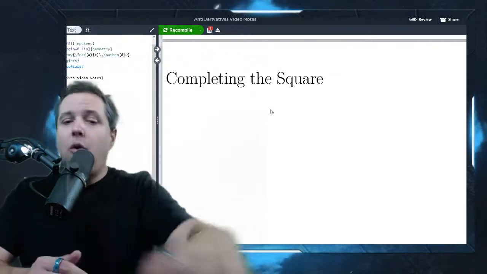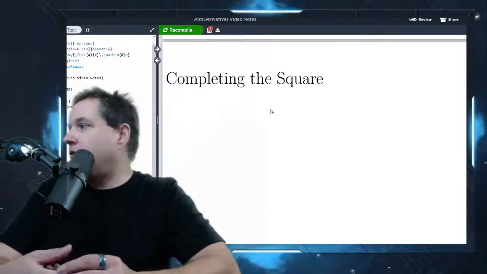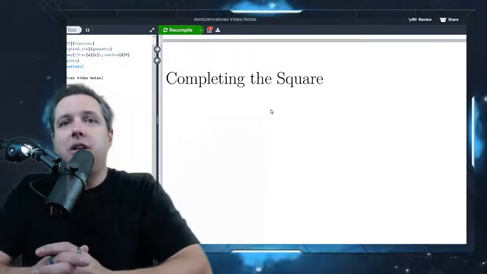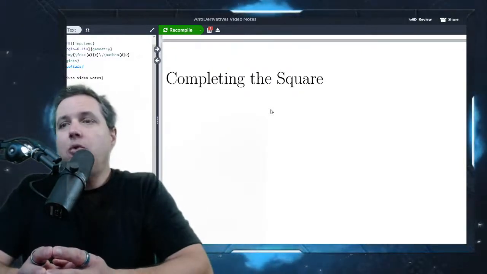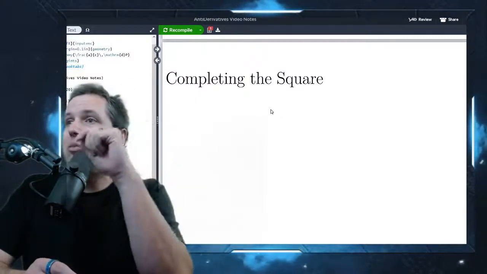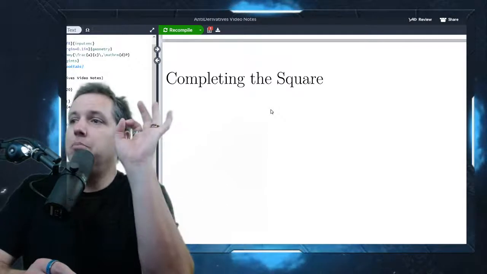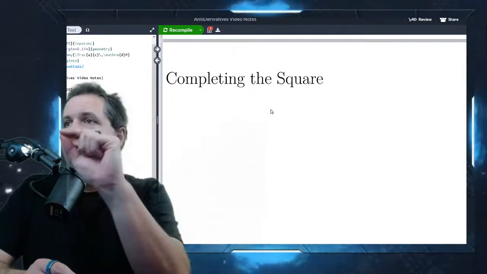So going forward, generally what you'll do, and I don't even know if we'll get to the quadratic formula today. It depends how much time we're going to spend on completing the square, because that's a really important topic too. But what's going to happen is by the end of today, you will be able to solve every quadratic equation. Completing the square can solve every quadratic equation that you run across.